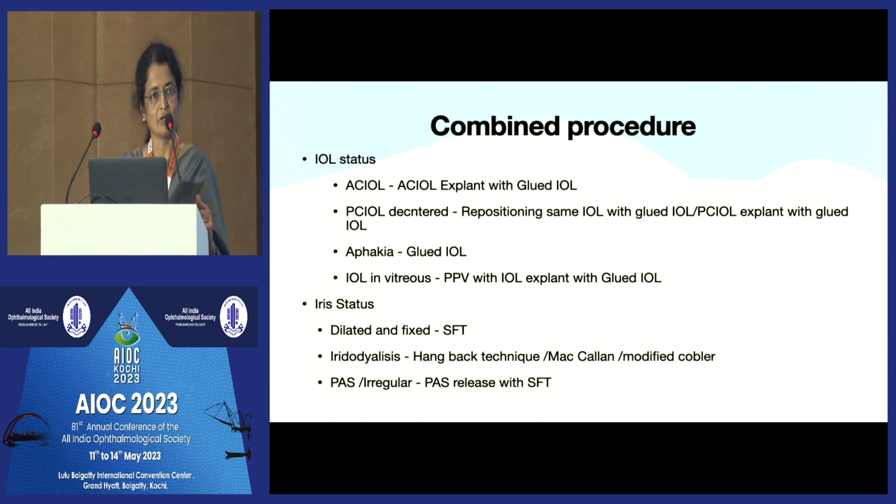If it is a decentered PCIOL, and if it's a single piece or a 3-piece IOL, then you can reposition the same IOL as a glued IOL. If it is a foldable IOL or some different IOL which you cannot reposition as a glued IOL, you explant it and combine with a glued IOL procedure. So for aphakia, it is a straightforward glued IOL, and for an IOL in the vitreous, you go with pars plana vitrectomy, IOL explant and a glued IOL. Then comes your iris status.